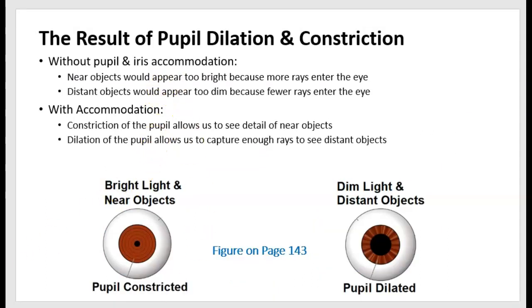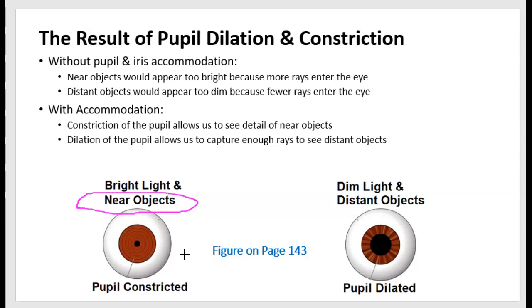And the result for pupil dilation, and why we refer to this as accommodation again, is that when we're viewing near objects, a lot of light rays enter the eye because the object is so close. They come in at all different angles, and typically the pupil needs to constrict to capture just enough light rays to get a focused image.